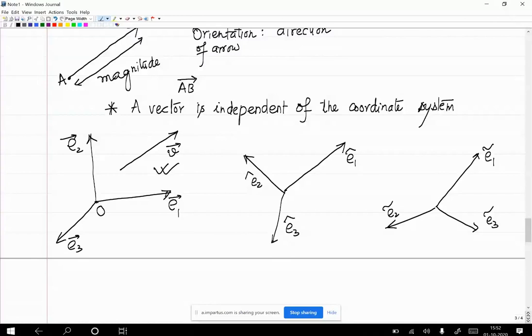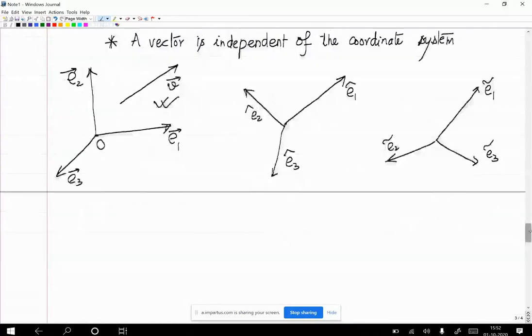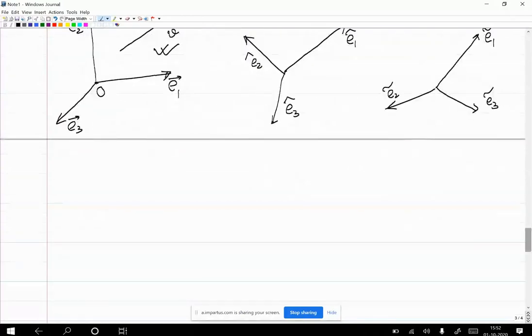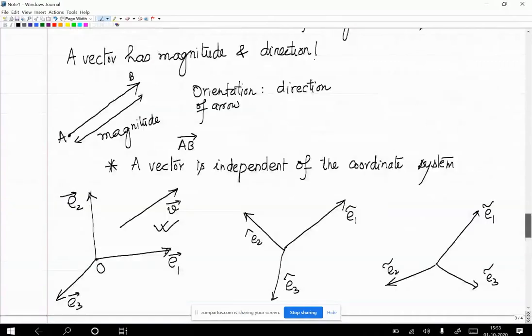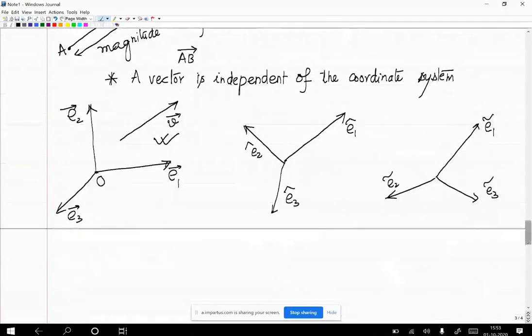But then there are things which depend on the coordinate system. What depends on the coordinate system is the component of the vector, isn't it? So in the first coordinate system here, the component Vi will be equal to V dot Ei.